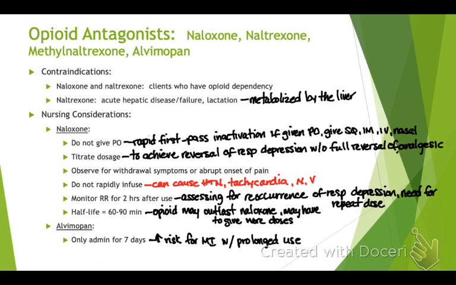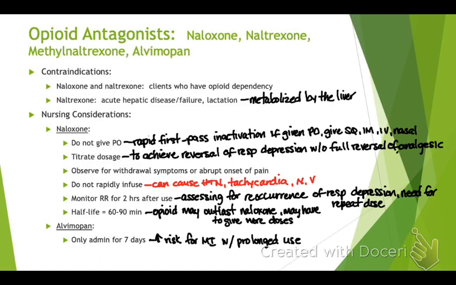Do not rapidly infuse, as it can cause hypertension, tachycardia, or nausea and vomiting. You always want to monitor the respiratory rate for 2 hours after using the naloxone. You want to assess for recurrence of respiratory depression or need to repeat the dosage. Remember, because of their 60 to 90 minute half-life, opioids may outlast the naloxone, so you may have to give another dose.